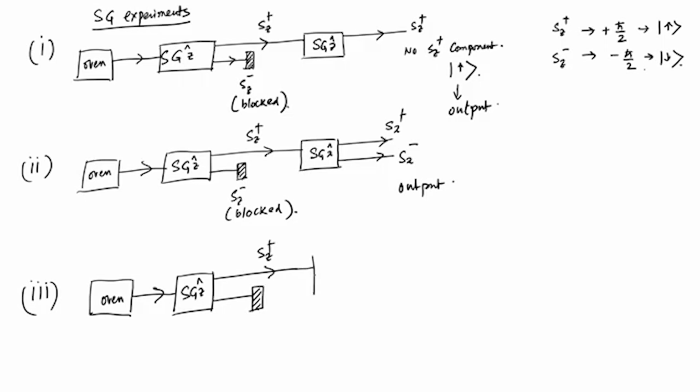This is made to go through an SGX, and then of course Sx plus is let go while Sx minus is blocked. So, here we have blocked Sz minus and here we have blocked Sx minus. So, these are blocked.